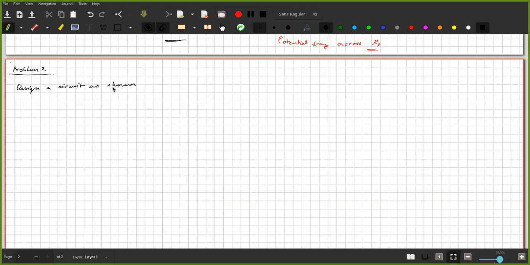And this circuit is this: this is G, this is the MOSFET, this is VDD, this is RG, this is RS, this is ground, this is minus VSS.